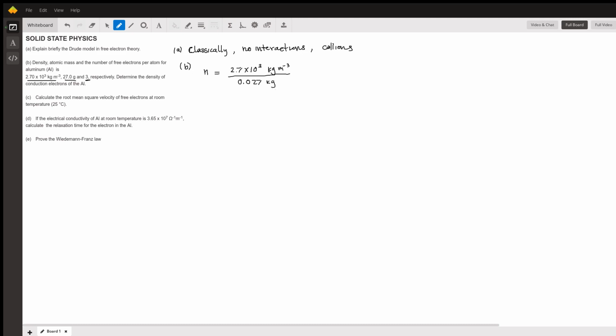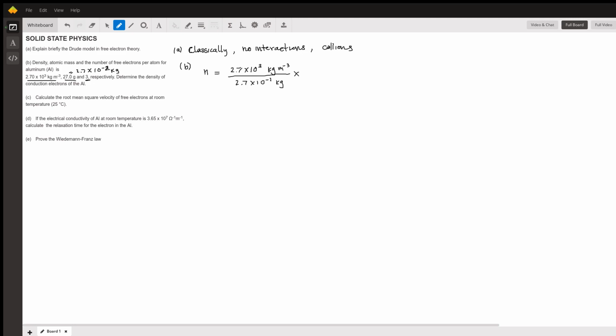Or let me write it in scientific notation. So this is equal to 2.7 times 10 to the minus 3 kilograms, for one atom of aluminum.